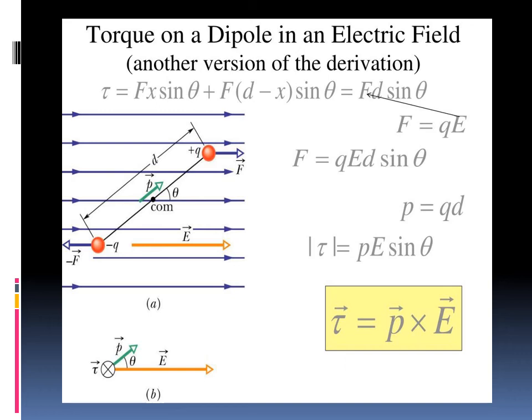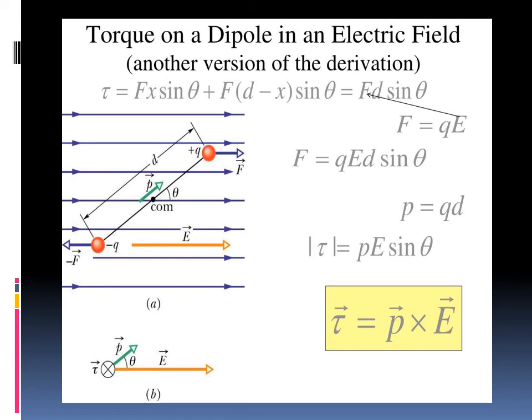So we can write over here F (d minus x) sine of theta, and if we open it, that is F d sine of theta minus F x sine of theta. Minus F x sine of theta will be cancelled with this quantity, and we are left with only F d sine of theta.